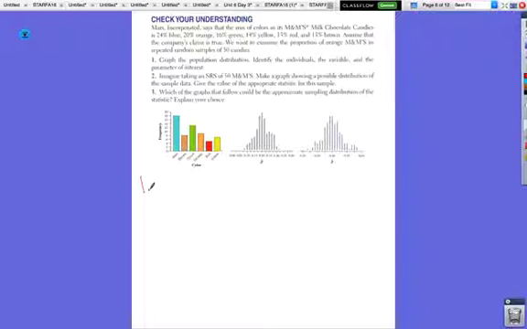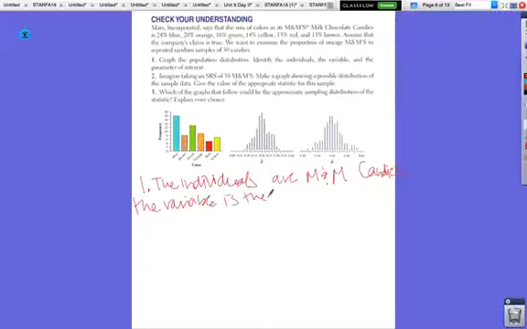So for number 1, we would say that the individuals are M&M candies. The variable is the color.